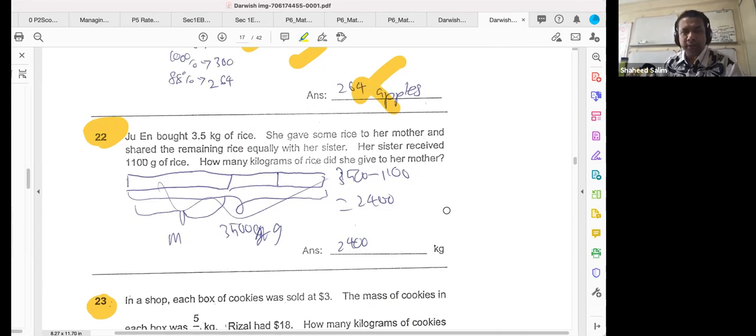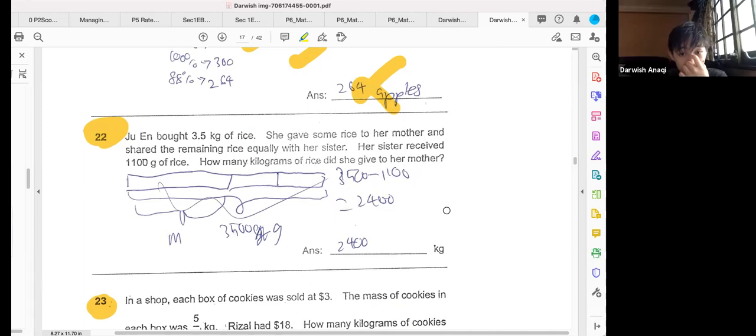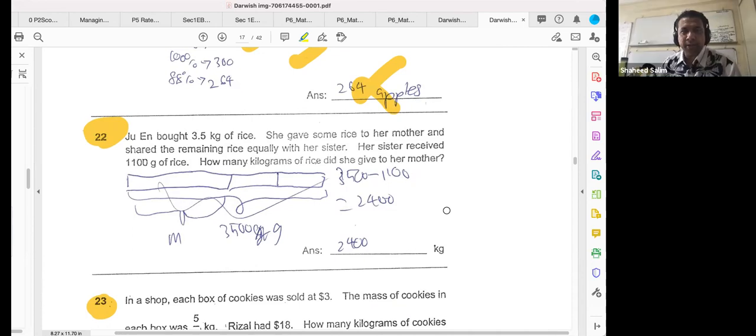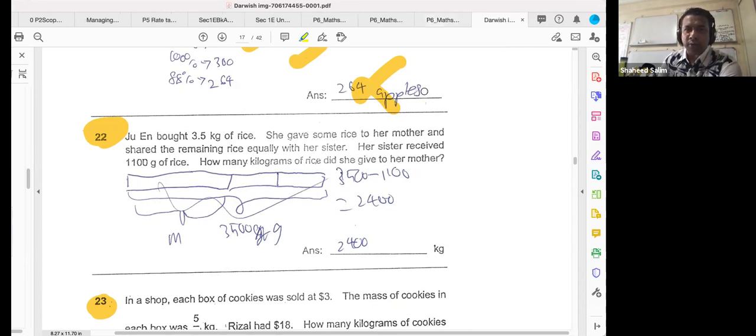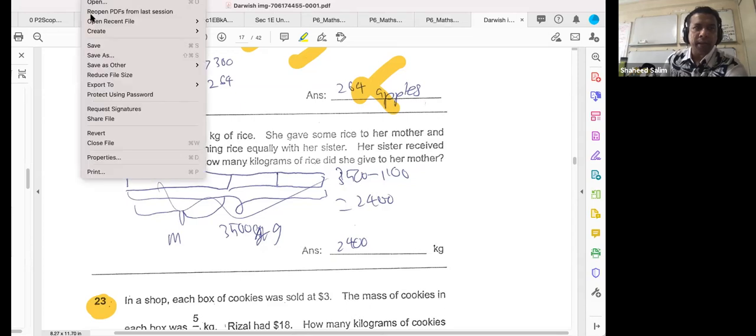Hold on. 2.4 kg. Let us see if it is correct or not. My mistake.